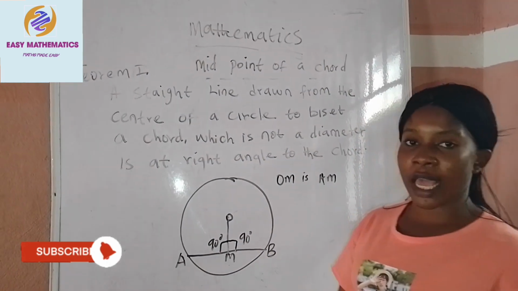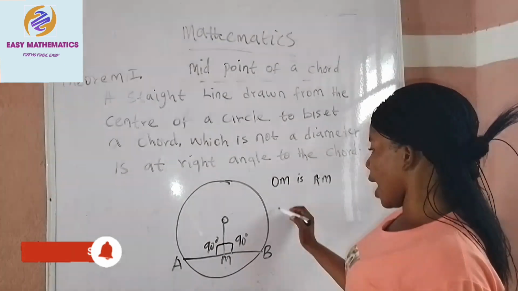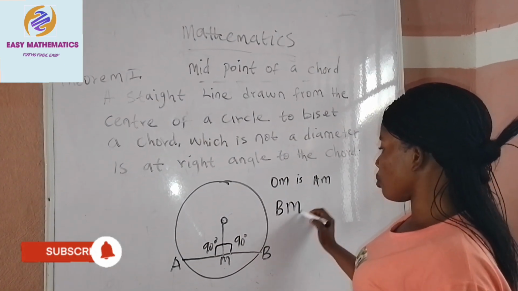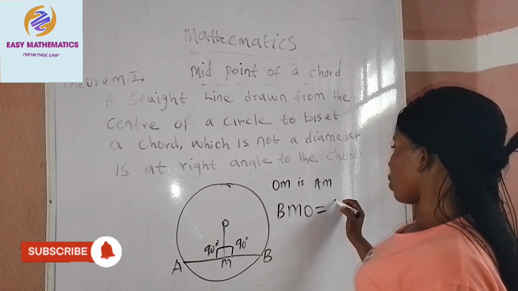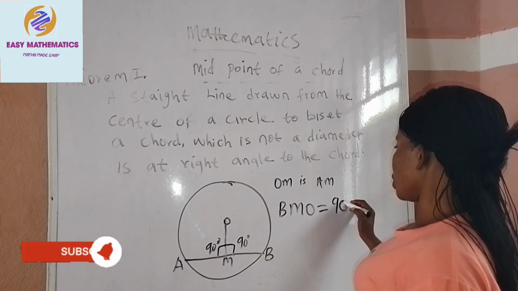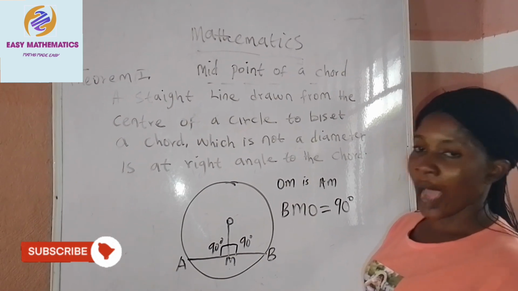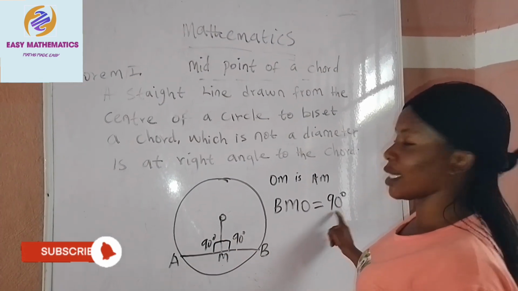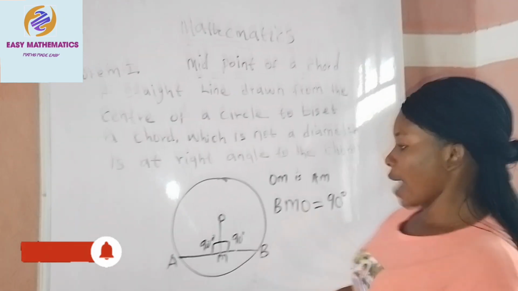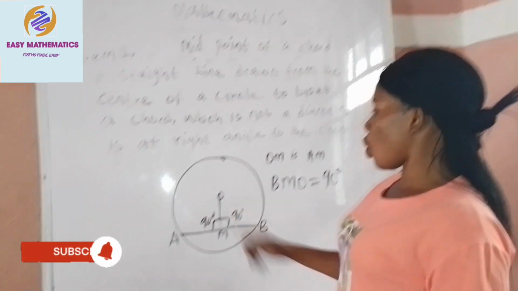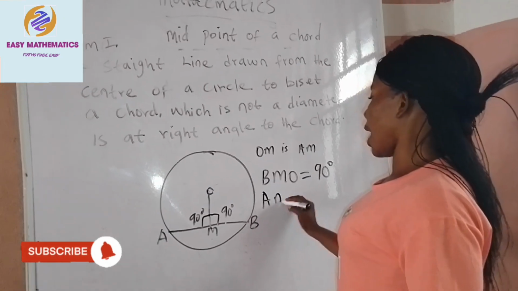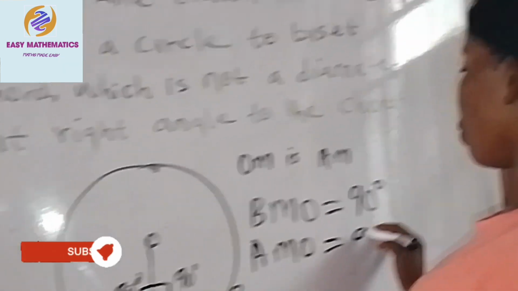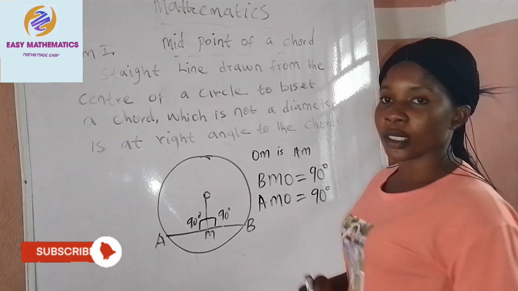That is to say that this angle here, BMO, is an angle of 90 degrees, which is a right angle. And also, AMO is another right angle, which is an angle of 90 degrees.